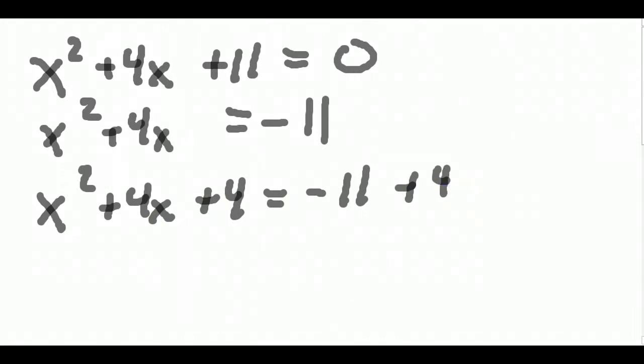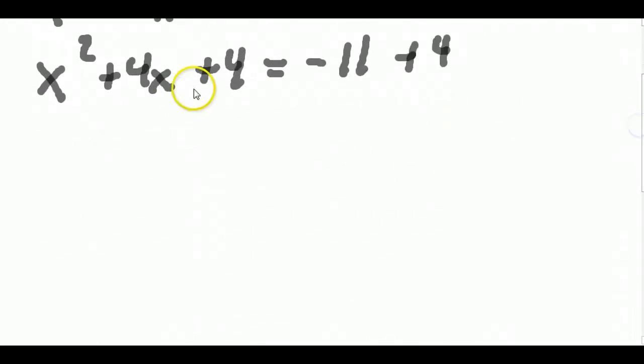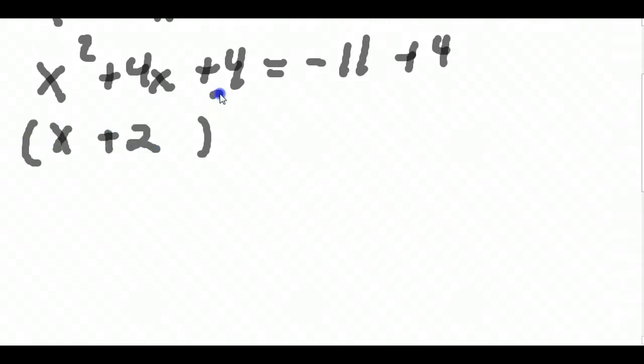So if we add that 4 to the left, we have to add it to the right. So what is the factorization of x squared plus 4x plus 4? X plus 2 squared. Correct. Equals negative 11 plus 4 gives us negative 7.